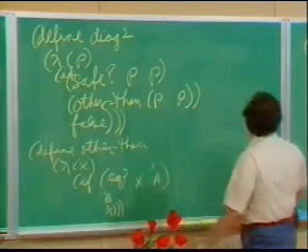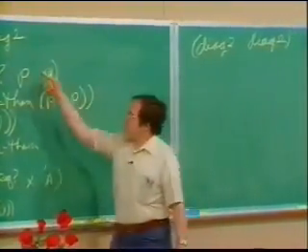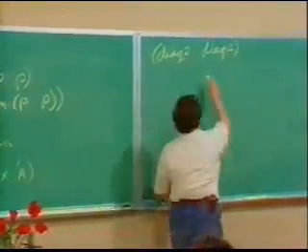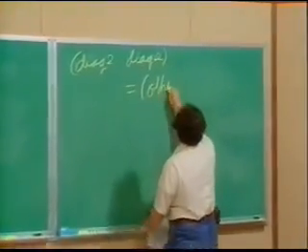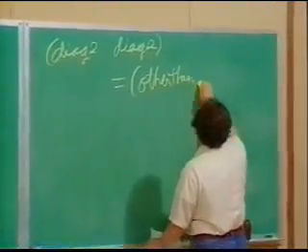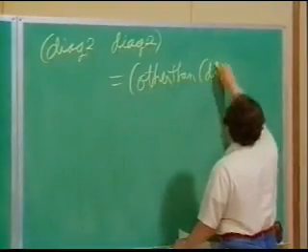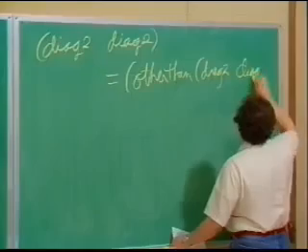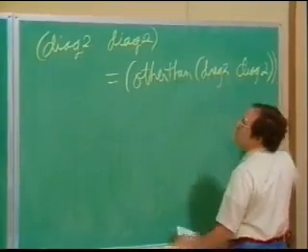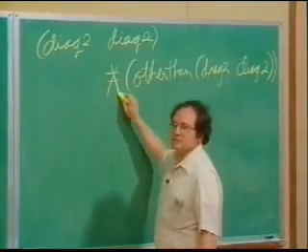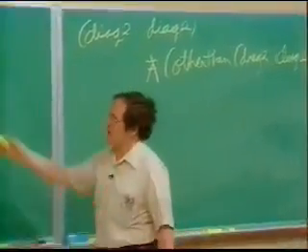Okay? So diag 2 of diag 2 must reduce to other than diag 2 of diag 2. And that doesn't make sense. So we have a contradiction, and therefore we can't define safe.